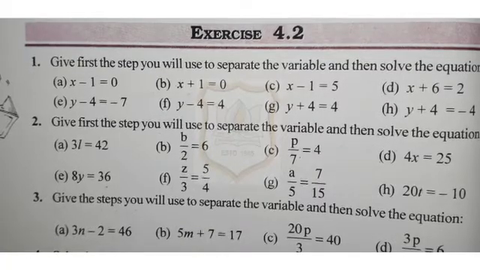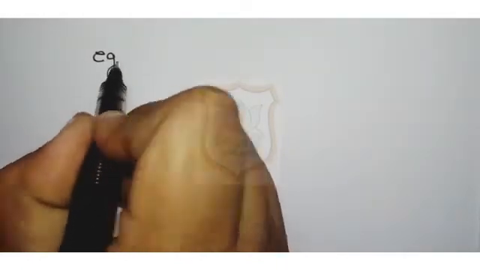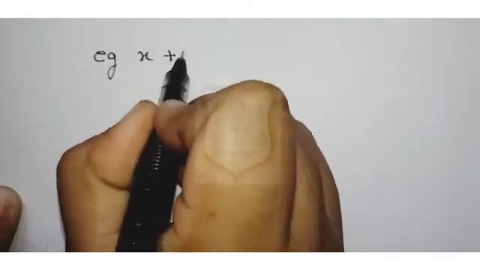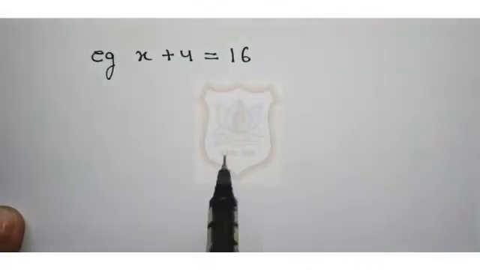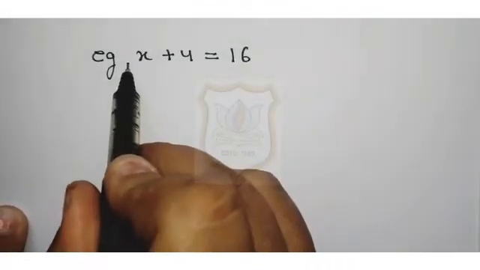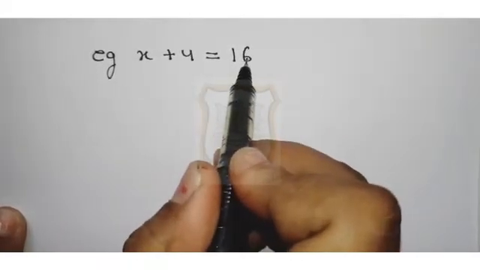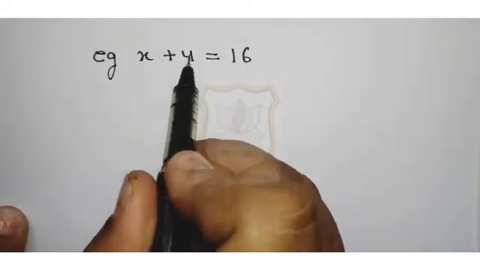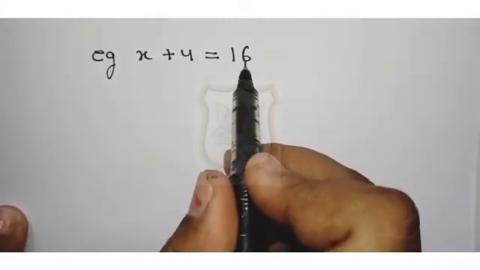First is, for example, an equation is there: x plus 4 is equal to 16. In this equation, the left side is called LHS and the right side is called RHS. This x plus 4 is LHS, left hand side, and this 16 is RHS.